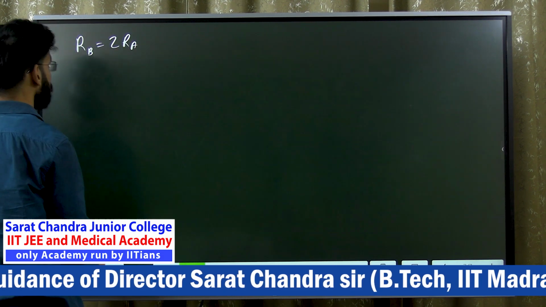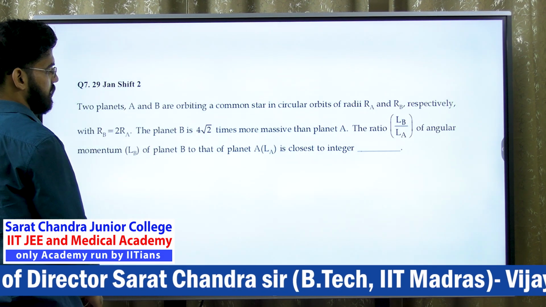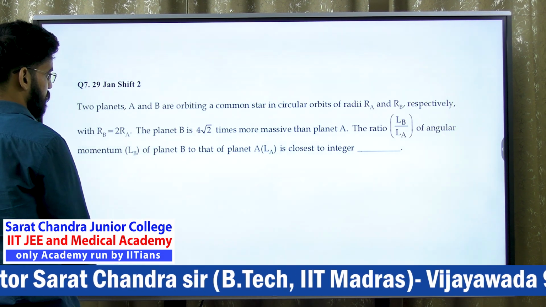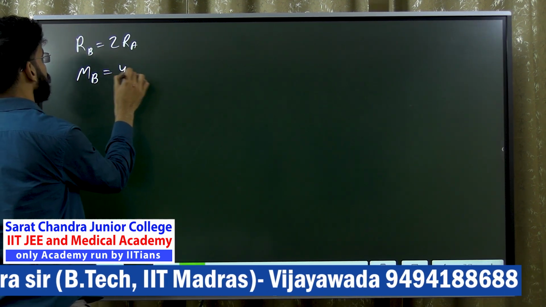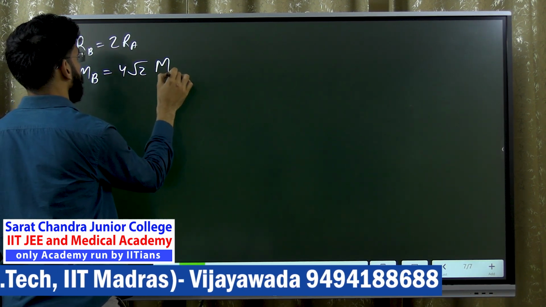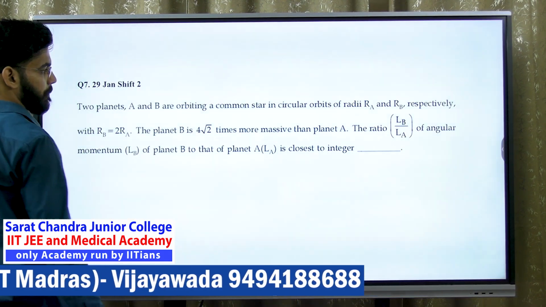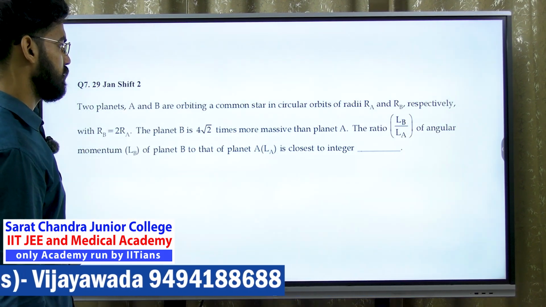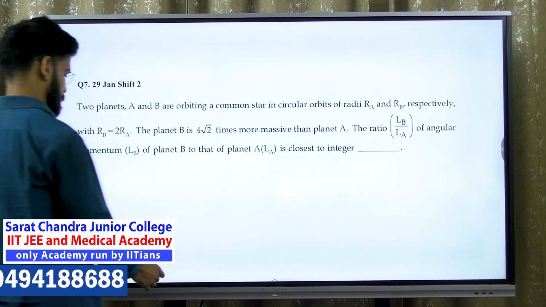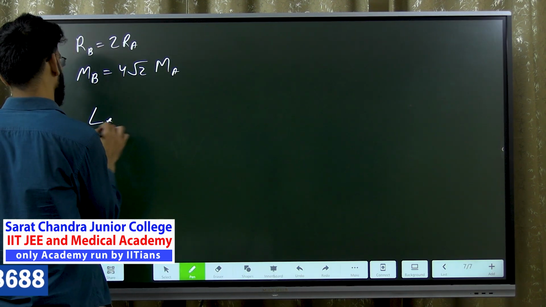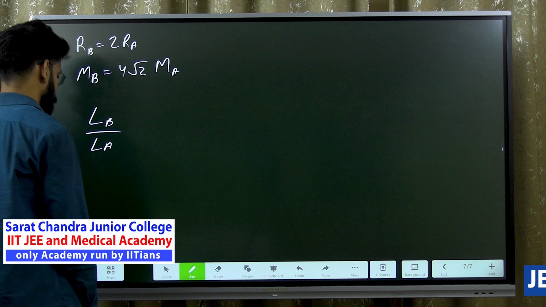This relation is given. And then he said MB is 4 root 2 times of MA. Okay, the ratio of angular momentum. He's asking LB by LA.